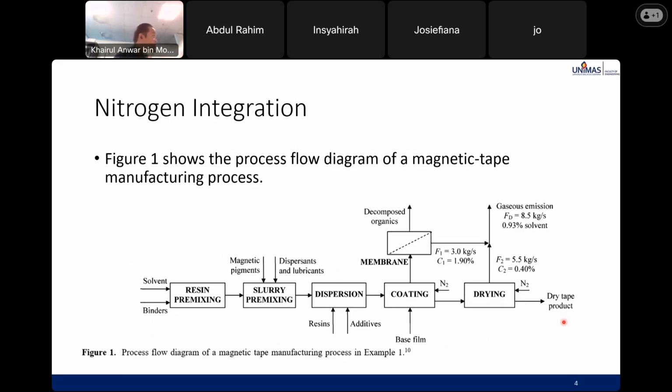Nitrogen integration. Figure 1 shows the process flow diagram of a magnetic tape process.